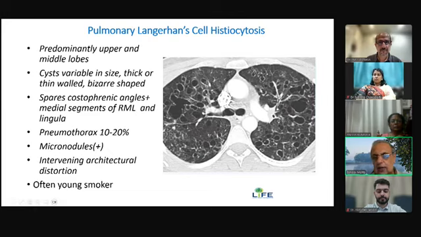So if you look at the overall picture, it is a younger individual who's male, a smoker, having variously shaped cysts, you can see this cyst versus this cyst versus this cyst, slightly thicker walled, bizarre shaped cysts, and the presence of emphysema and micronodules and interstitial architectural distortion, which is a hallmark never seen in LAM.